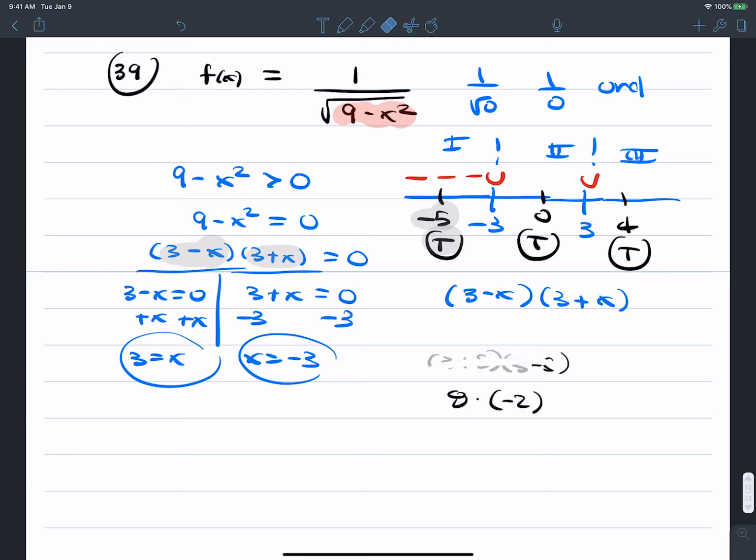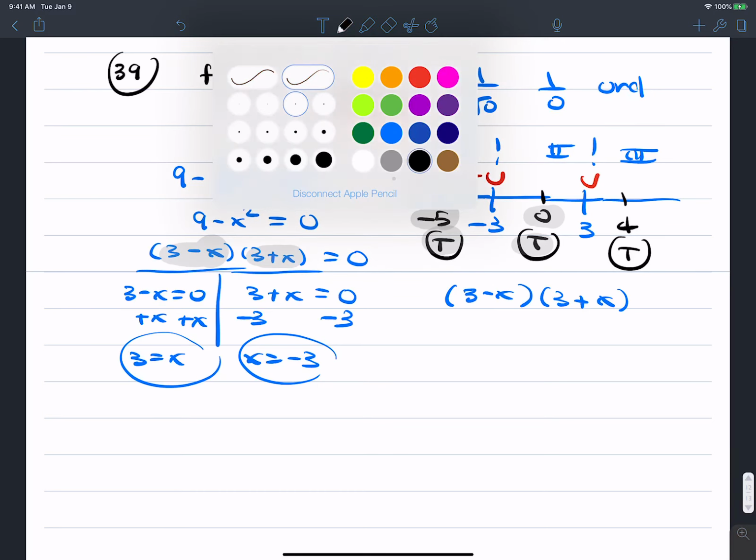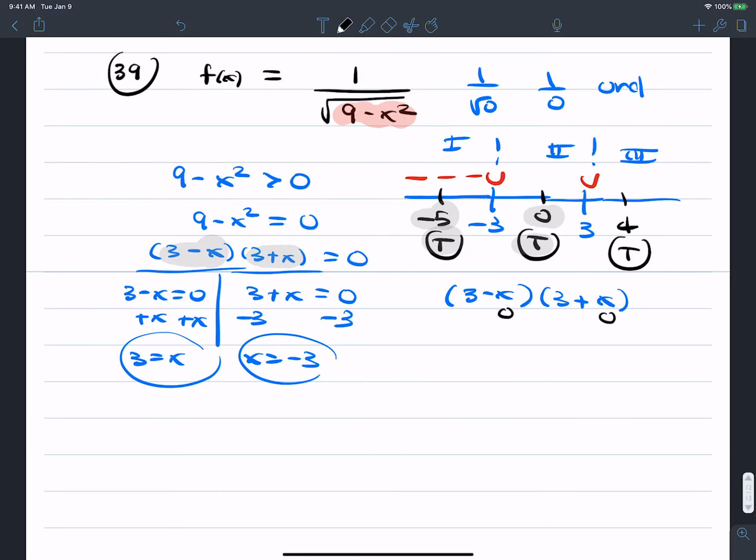So when I test now a 0 here, let's see what we get. 0 as our test point. Plug in 0. And then 3 minus 0 is 3. 3 plus 0 is 3. So a positive times a positive gives us a nice what? Positive region. So we have to test those values. Test 4.